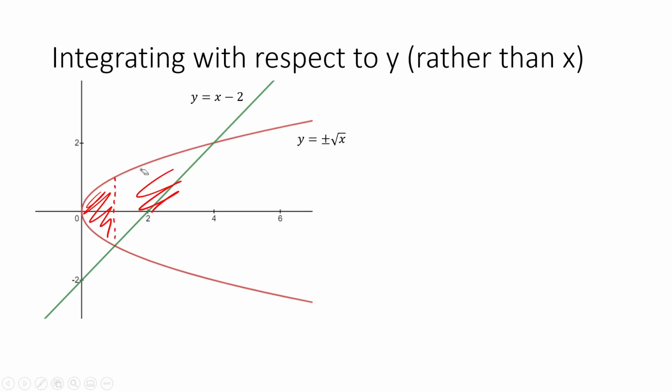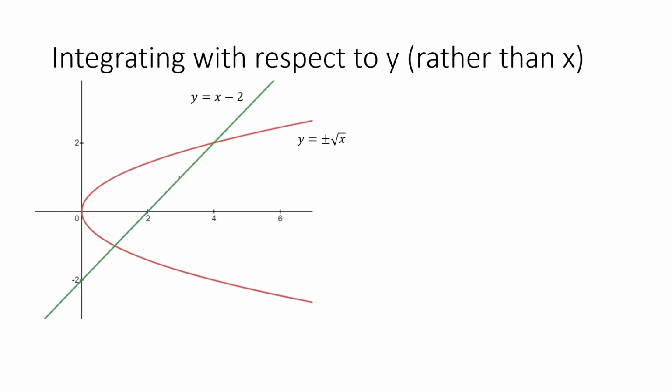I can certainly do that, and if you want a challenge, by the way, feel free to try to set that up yourself. But there's a much easier way to do this, which is don't go this way, but instead go this way. Go vertically, draw vertical rectangles.